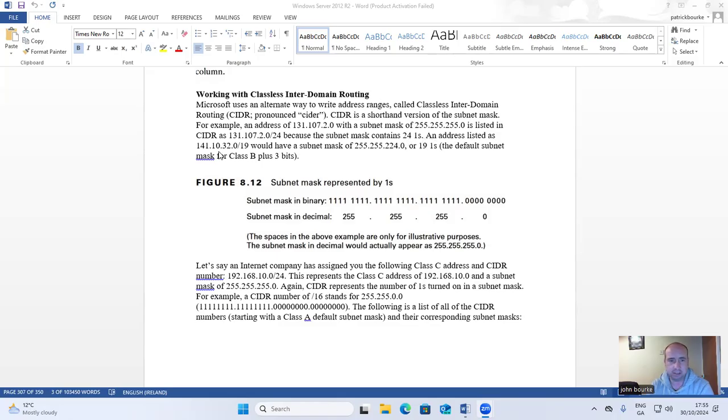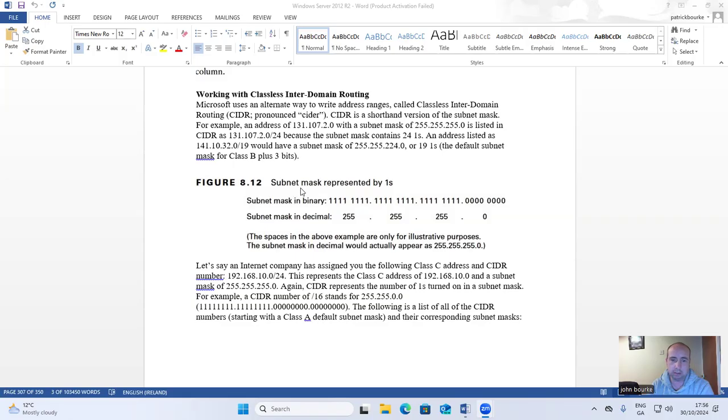An address listed as 141.10.32.0/19 would have a subnet mask of 255.255.224.0, or 19 ones. The default subnet mask for class B plus 3 bits.